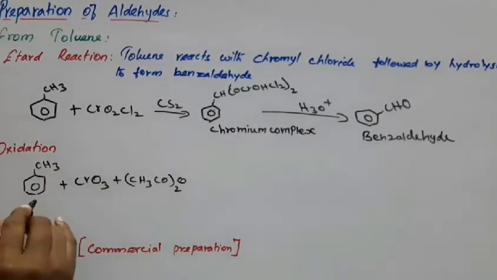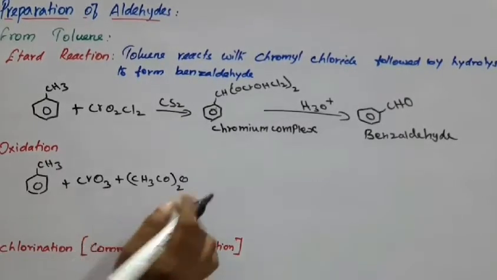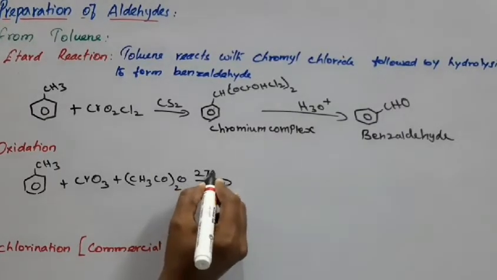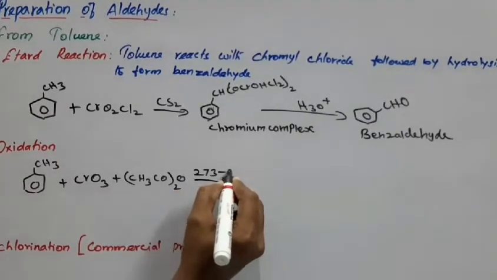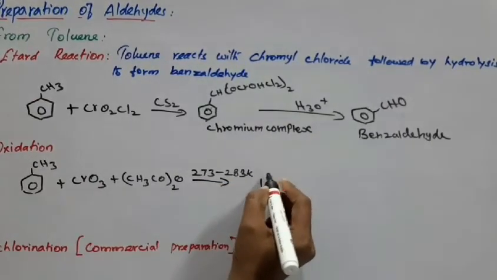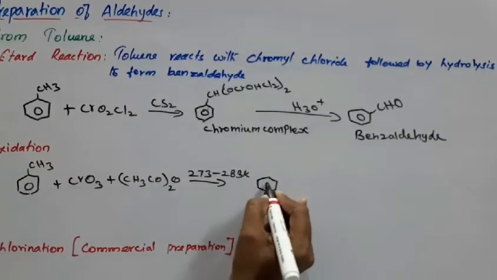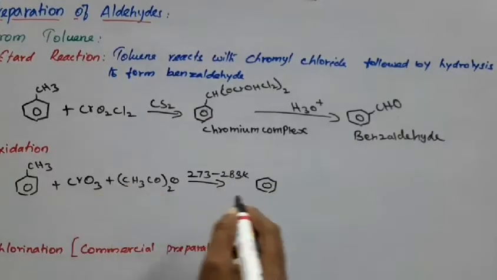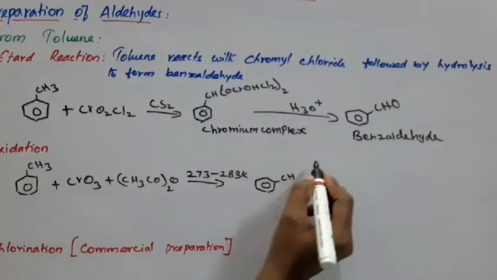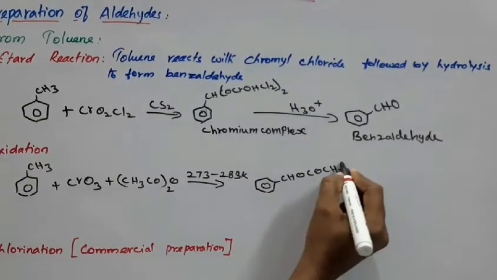Toluene reacts with chromic oxide in the presence of anhydride, and the reaction takes place at 273 Kelvin to 283 Kelvin to produce benzylidene acetate, C6H5CH(OCOCH3)2.